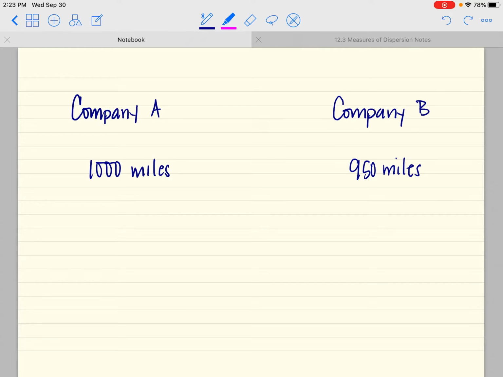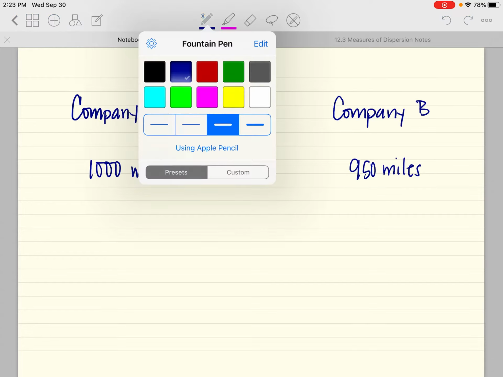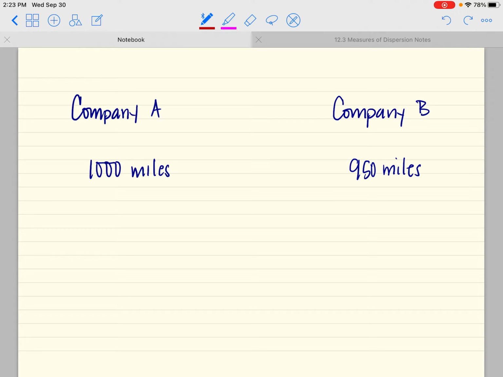Now let me give you a little more information. Let's say company A, their average was 1,000 because half of the cars lasted 500 miles before needing a charge, and the other half of the cars lasted 1,500 miles before needing a charge. And when we averaged those out, right in the middle of 500 and 1,500 gave us that 1,000. Okay? Well, that's a pretty big spread.